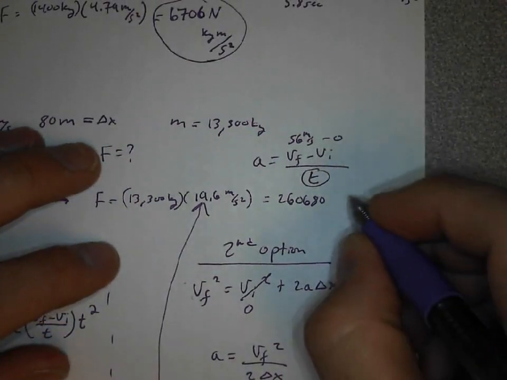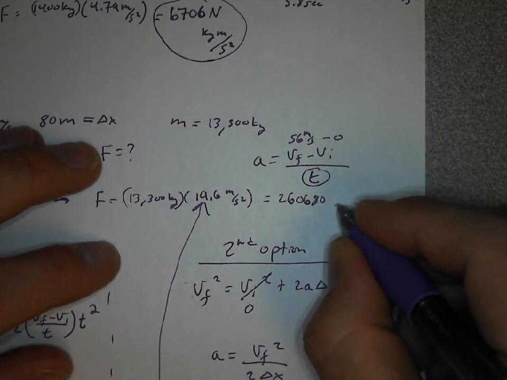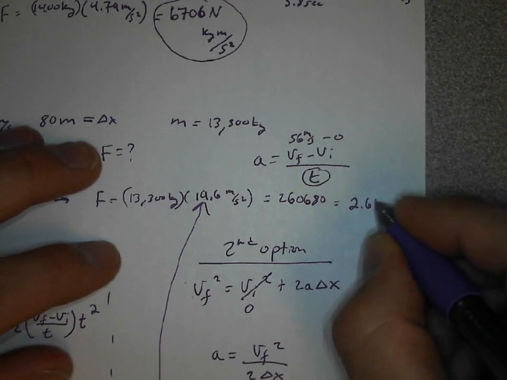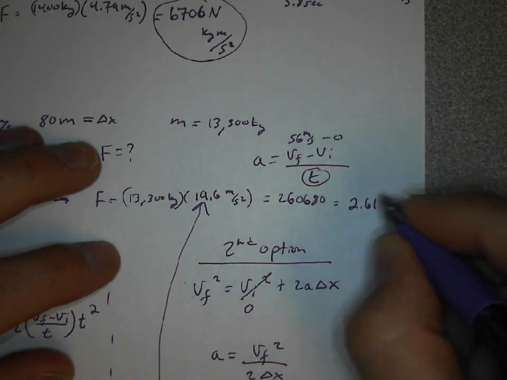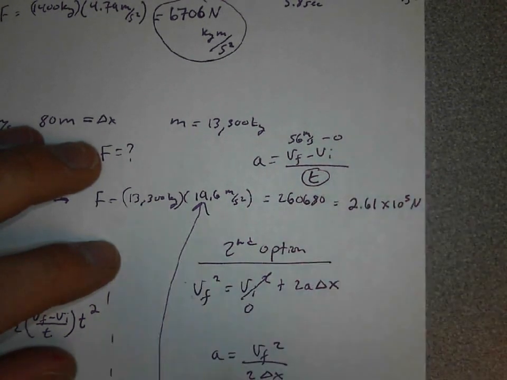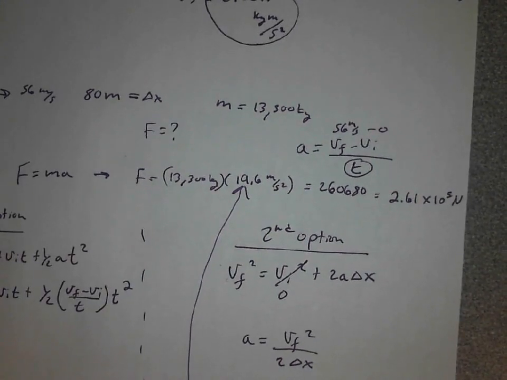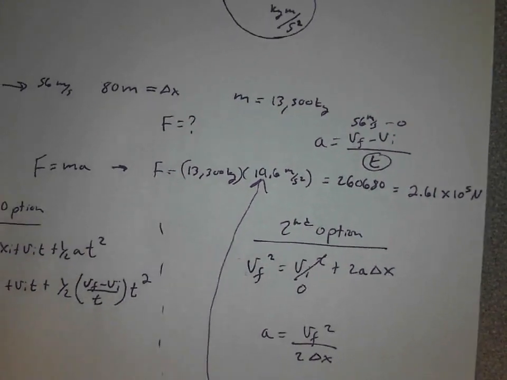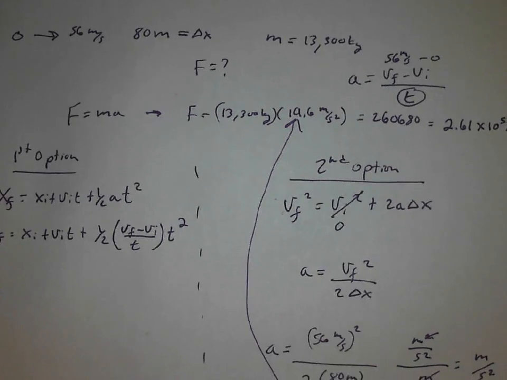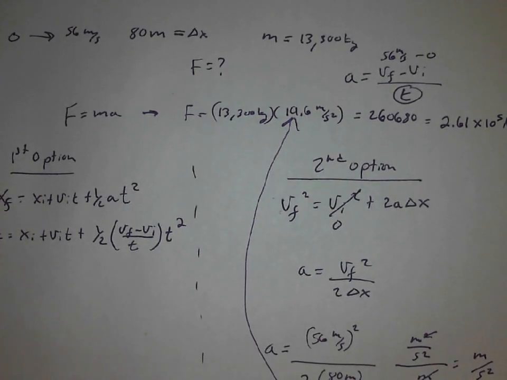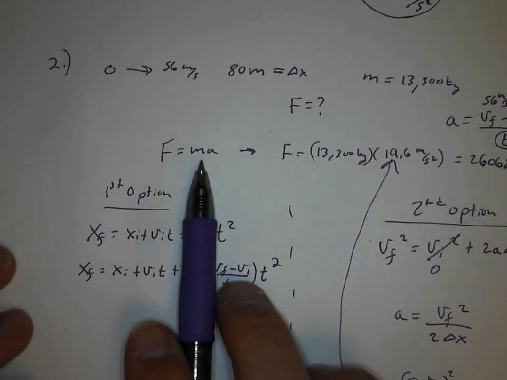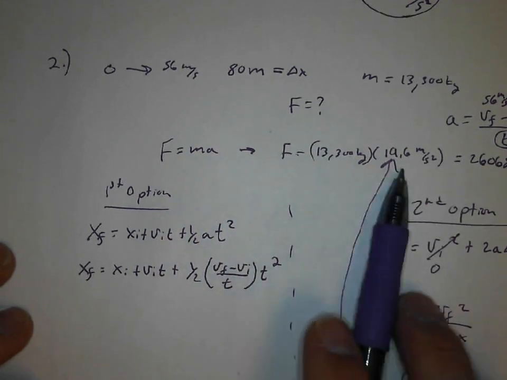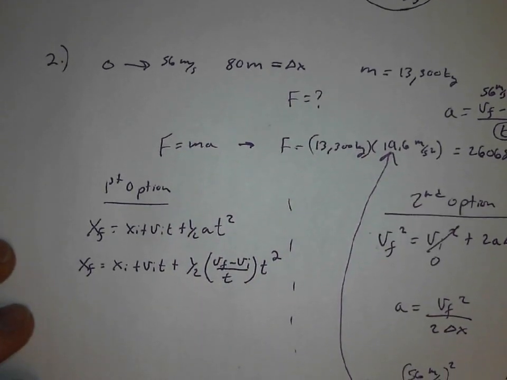Most likely we would put it into scientific notation, so you'd get 2.61 times 10 to the 1, 2, 3, 4, 5 newtons. Okay. So once again, that problem seems a little bit more intense, but just recognize that all we're dealing with here is our F equals ma equation, and then we're just solving for the constituents, those parts that we need on the inside.